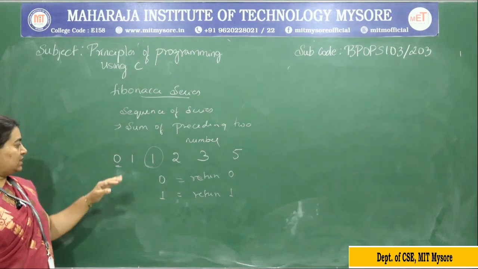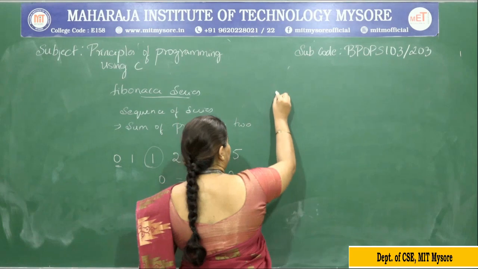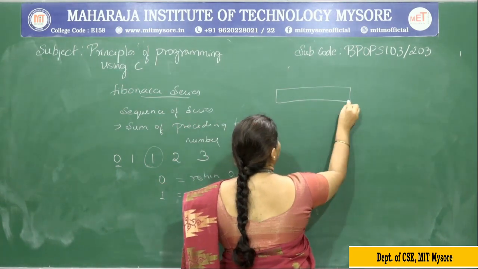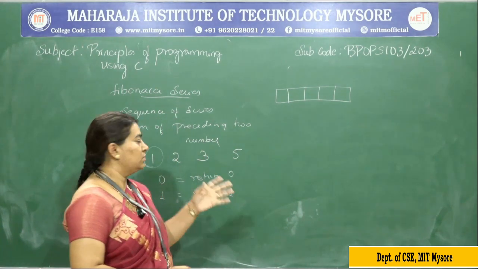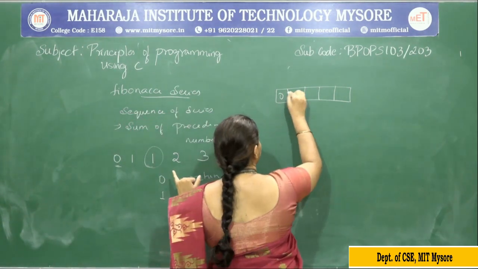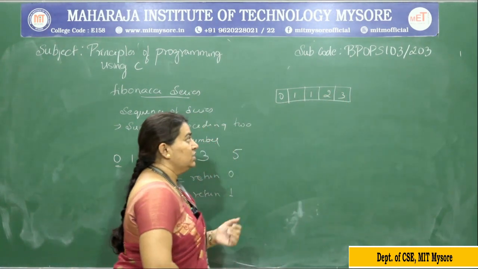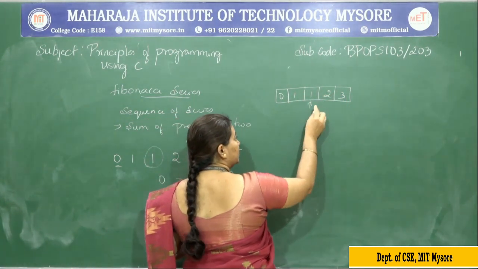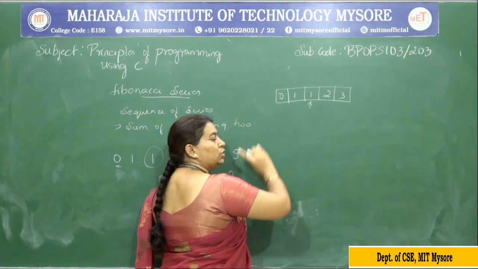How to get it? Think that I have stored this in one particular array, or an array type of data type. I have stored here 0, 1, 1, 2 and 3, right? To get this result, I have to minus 1 and minus 2.